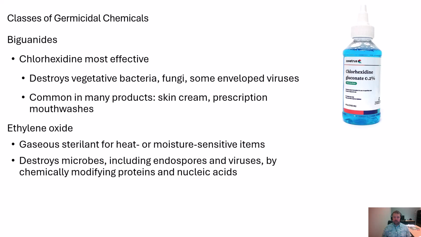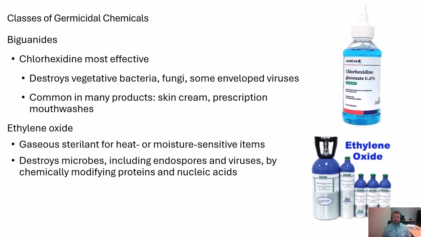Ethylene oxide is used often when the material that needs to be treated is heat sensitive and moisture sensitive. So you can't get it wet and you can't heat it, so you got to use a gas. So ethylene oxide is a gas. Again, it has its limitations. It has to be used in a specific way. It has to be used in a specific facility.